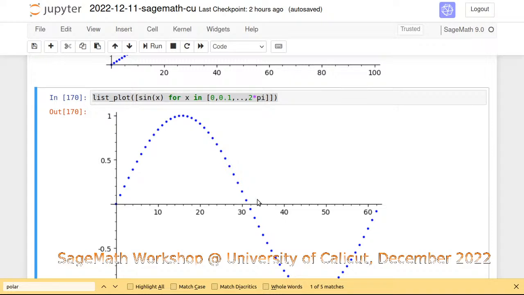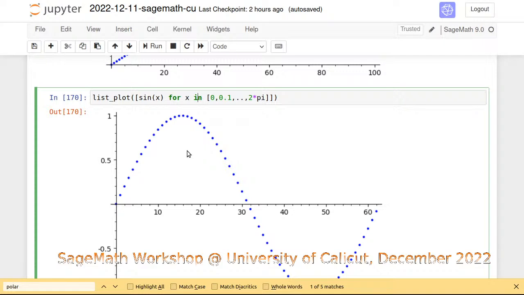This tool becomes somewhat handy when you have some discrete data. What you essentially need is x coordinates and y coordinates. So x coordinates are already here, and corresponding to that, y coordinates are considered and plotted.